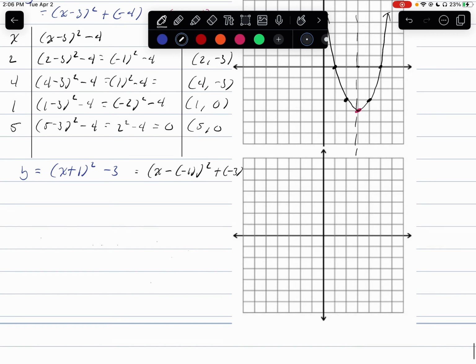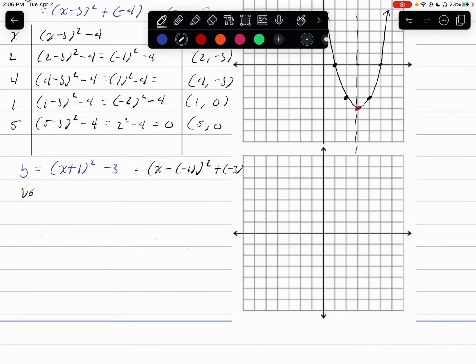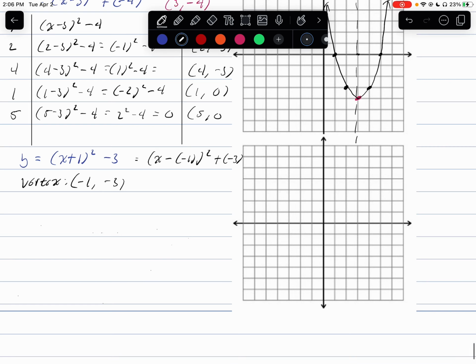So from here, all we have to do is find our vertex. So our vertex is going to be negative 1, negative 3. Okay, so that's our vertex, negative 1, negative 3. So we go negative 1, go to the left 1, we go down 3.